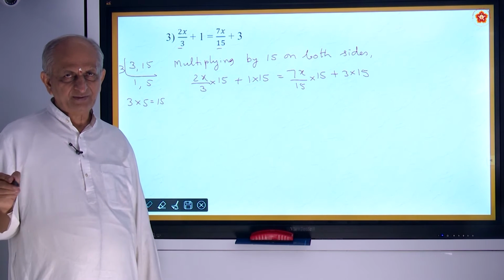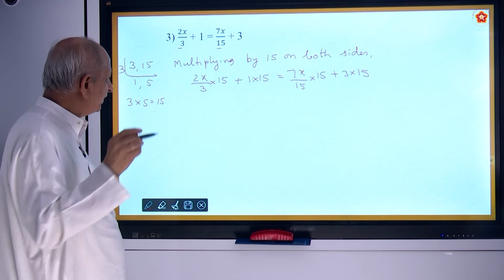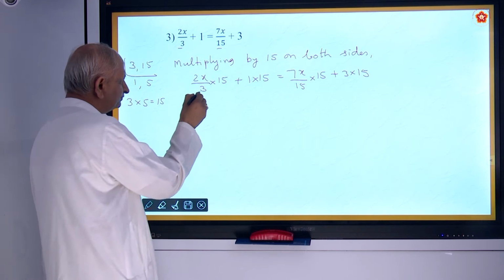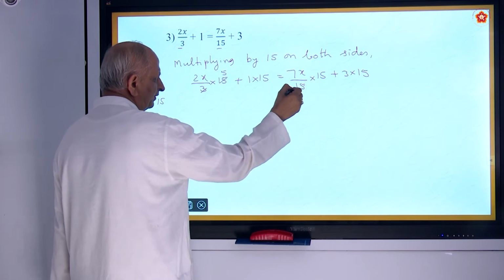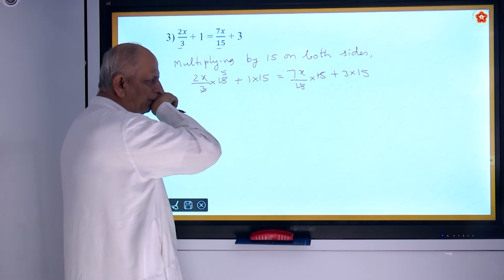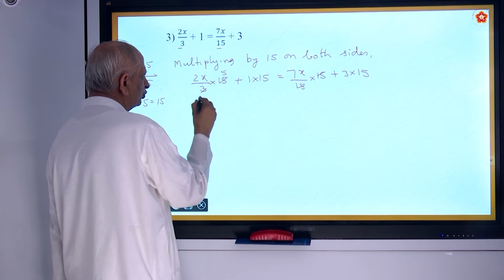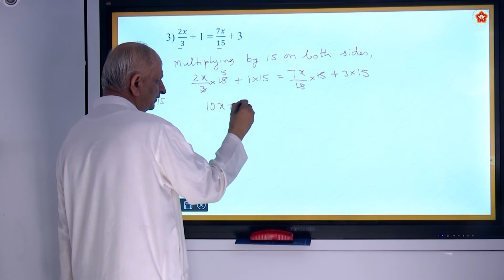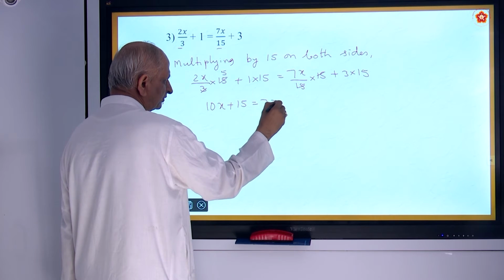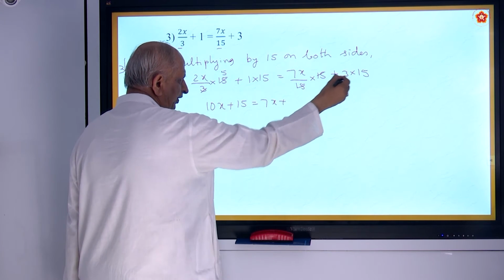What is that 15? It is the LCM of the denominators. Now come on. 3 fives are 15. Then here 15 ones are 15. So 2 fives are 10x plus 15 is equal to 7x, and 15 into 3 is 45.